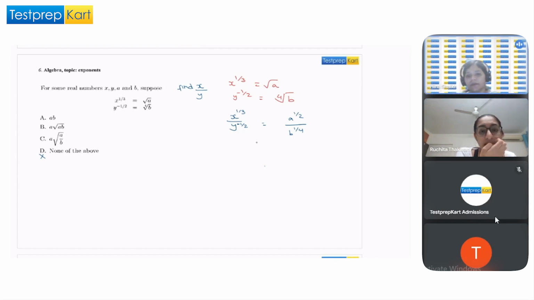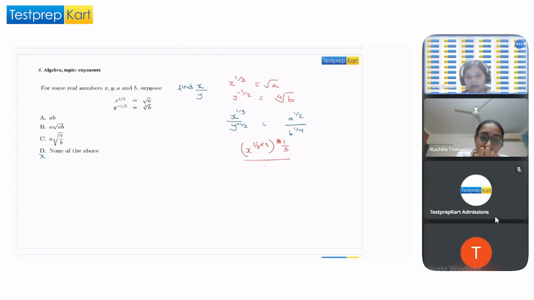If this was 3, we could do cubing on both sides. So before that, I have to make this power the same. If I have to remove this 3, I have to multiply it by 3. That means at the same time, I have to divide it by 1 by 3.